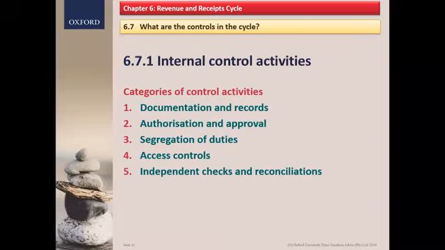Authorization or approval: a customer is awarded the right to purchase on credit from the entity, including the awarding of increases of credit limits. A sales order is processed and a credit adjustment is made to customers' accounts, such as sales returns. So those are the controls pertaining to this particular cycle.